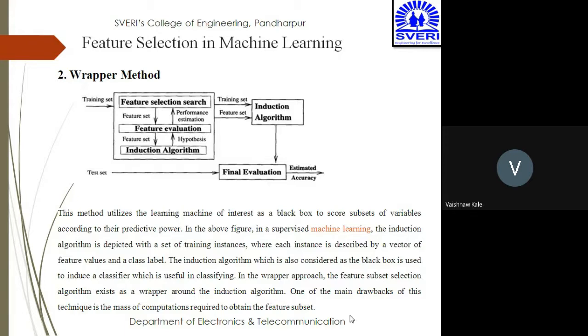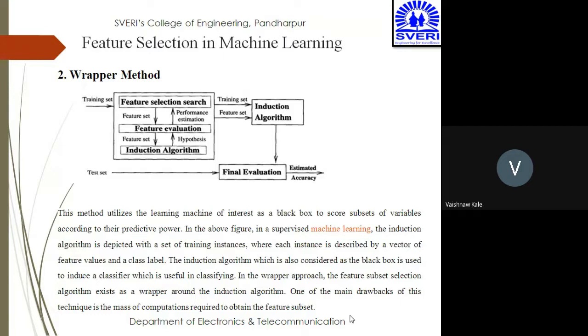So now you will have two outputs from this. One is a training set and the other is a feature set. This training set and feature set will be given to the induction algorithm, which will be given to the final evaluation. While doing the final evaluation, you can test it with the test set, and then you can estimate the accuracy.